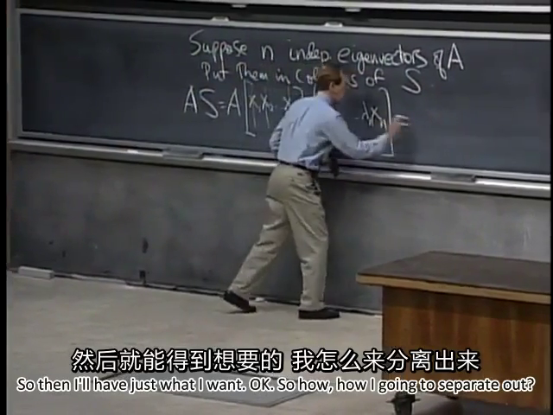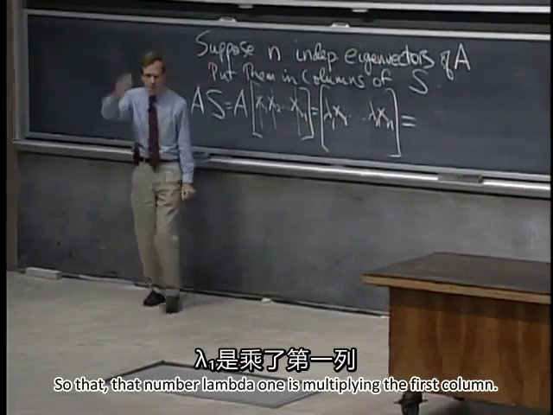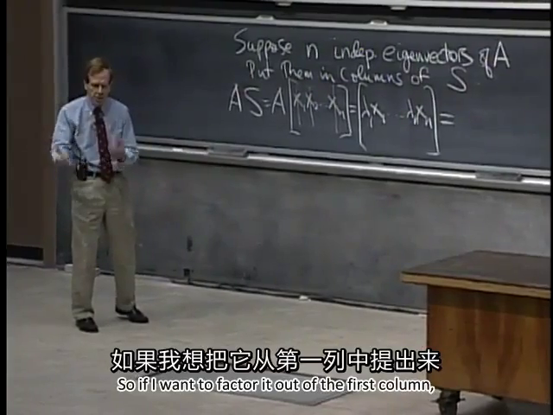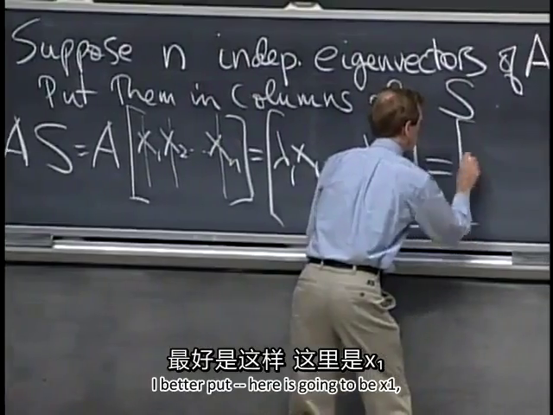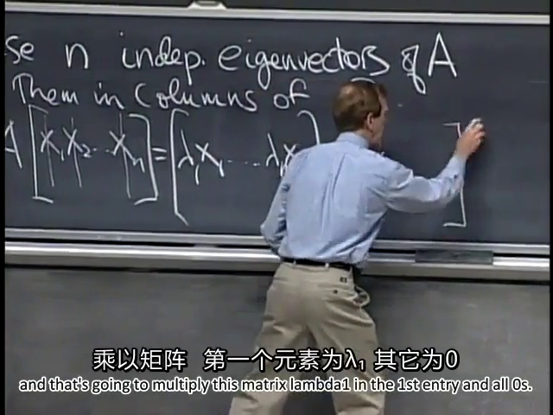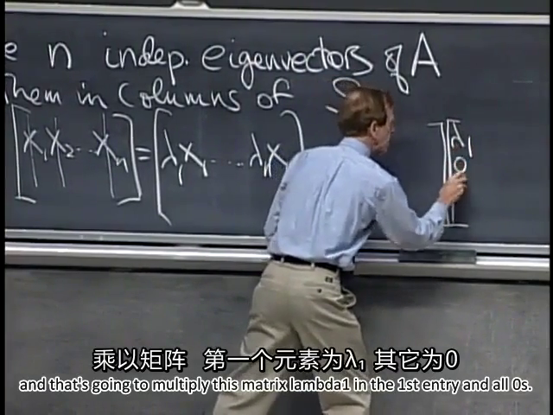Okay, so how am I going to separate out? That number lambda 1 is multiplying the first column. So if I want to factor it out of the first column, here is going to be x1, and that's going to multiply this matrix with lambda 1 in the first entry and all zeros.